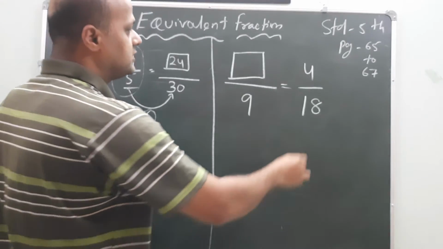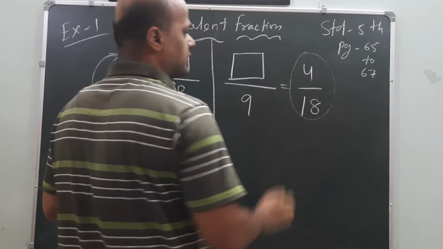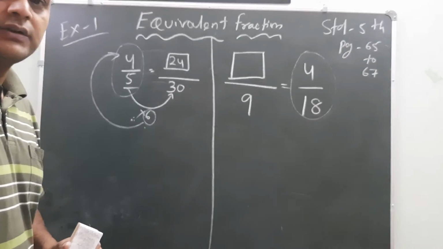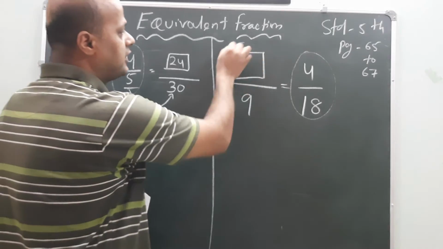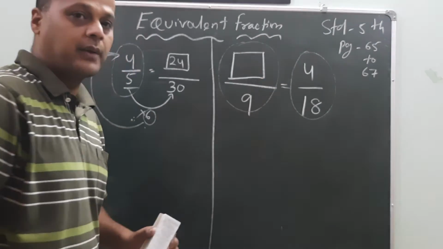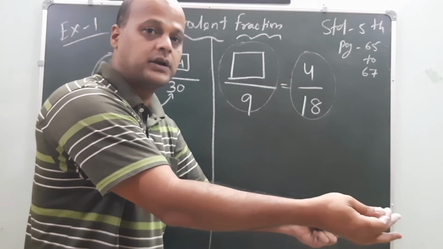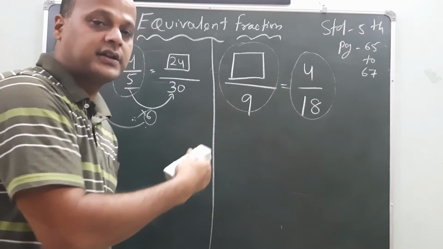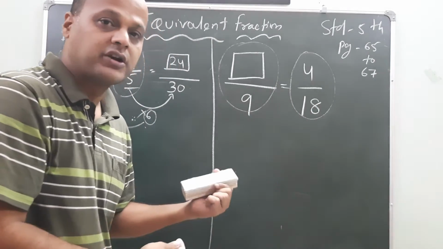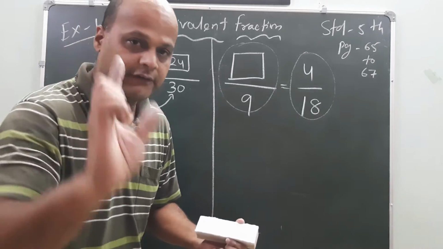It is saying that the second fraction is given. You have to find the first fraction. And when the second fraction is given and you have to find the first equivalent fraction, you have to remember that you have to divide.